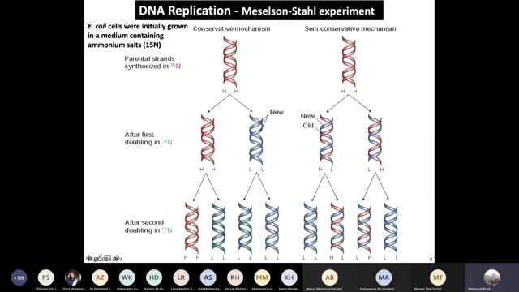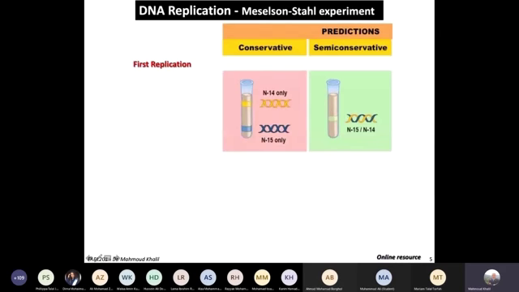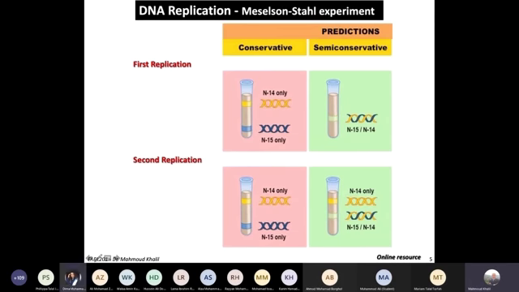That's why the semi-conservative appears as one band on centrifugation, while the conservative appears as two bands.